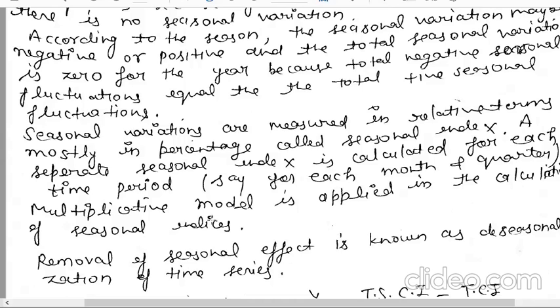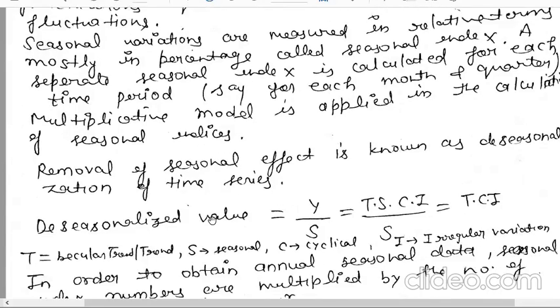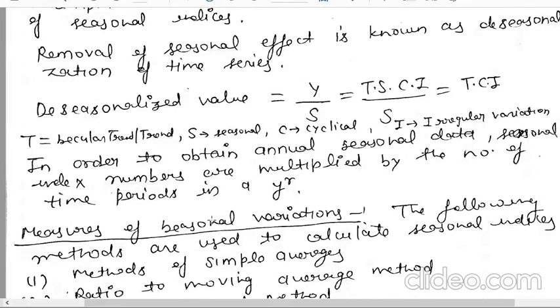Removal of seasonal effect is known as deseasonalization of the time series. Now, the deseasonalized value is equal to Y upon S, and Y is equal to T×S×C×I, so Y upon S is equal to T×C×I. What is the meaning of these symbols?